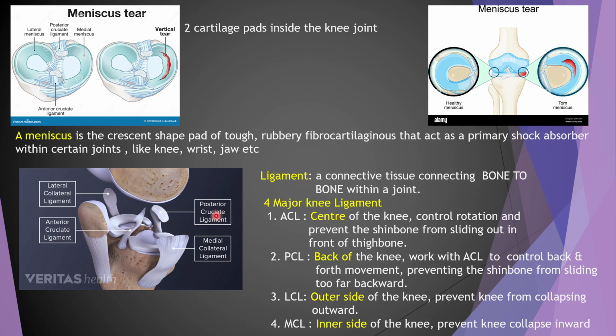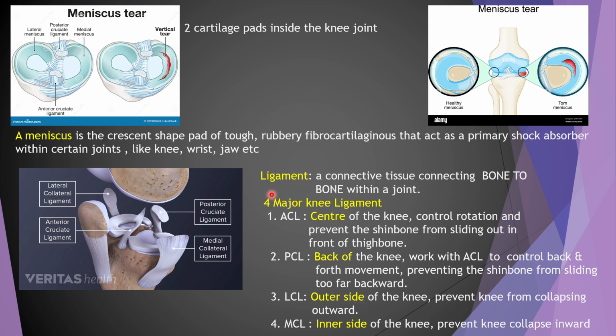These prevent the knee from collapsing inward and outward, and prevent the bone from sliding too far backward or sliding out in front of the thigh bone. You can see what is written here.